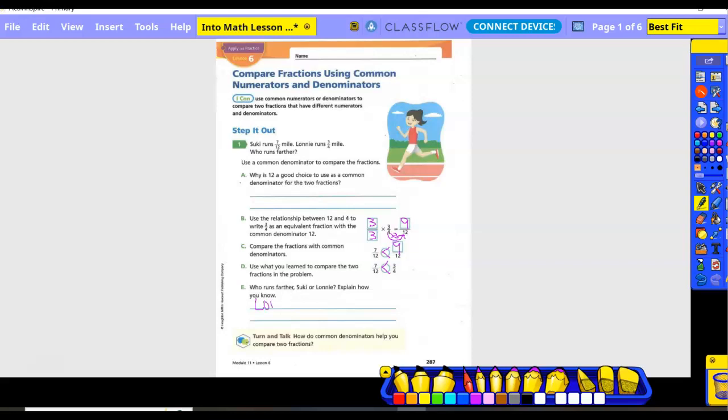So Lonnie, because 7/12 is less than 3/4. So we use our comparison and then just wrote it in word form, right? Mile. We should have put our label in there with that.